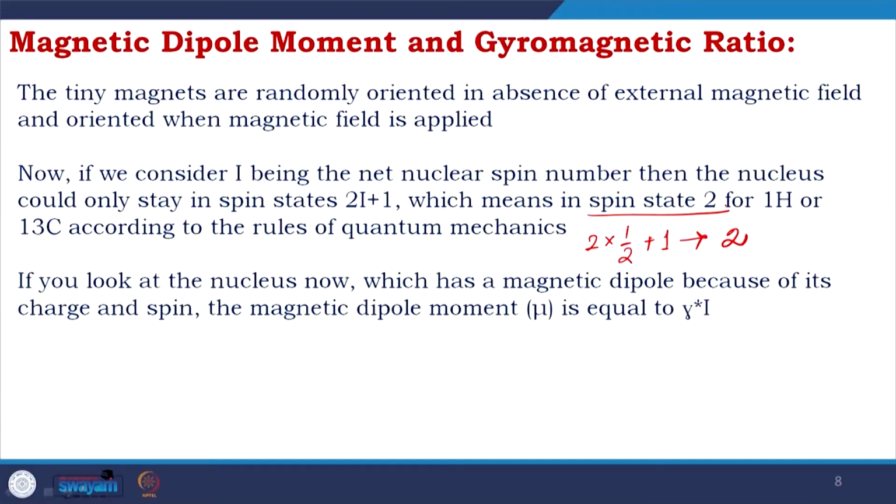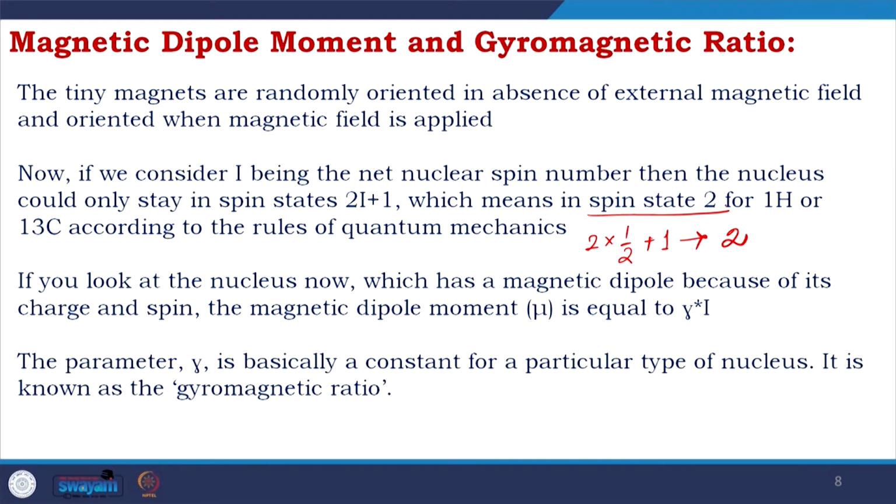So, because of its charge and spin, the magnetic dipole moment mu is equal to gamma into I. The parameter gamma is basically a constant for a particular type of nucleus. It is known as the gyromagnetic ratio. So, what you have to remember here is, particular type of nucleus. Gamma varies depending on the particular type of nucleus.